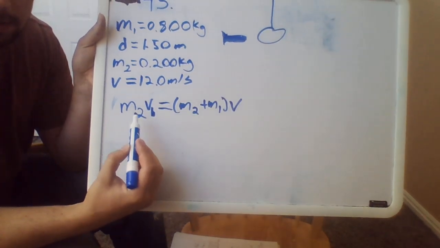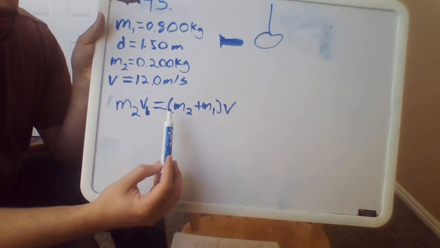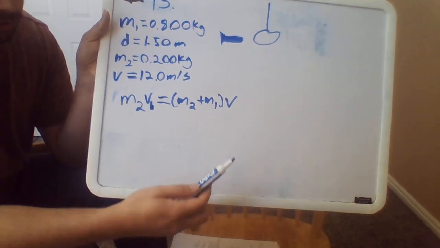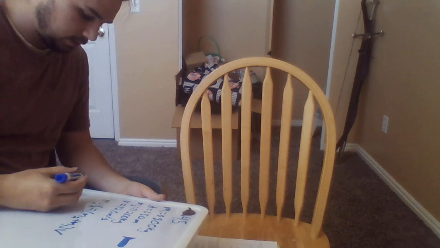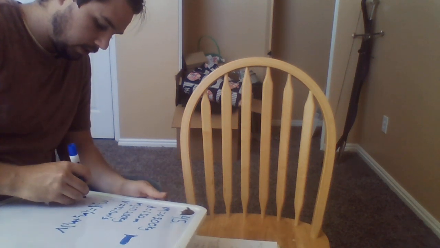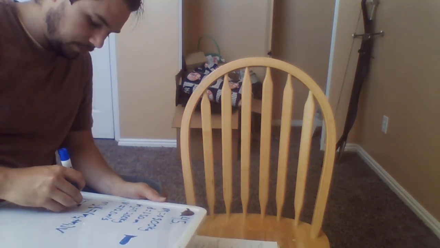Mass of the missile times its velocity is equal to both of them together times velocity, and we're going to solve for v. So first let's solve for v to get the equation we need for the velocity.